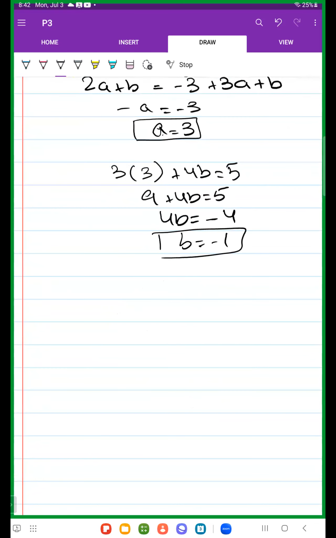Do question 10 to question 17. I'm sending you the answers as well, okay? I don't want you to look at the working that you did right now. This is for homework, not right now.